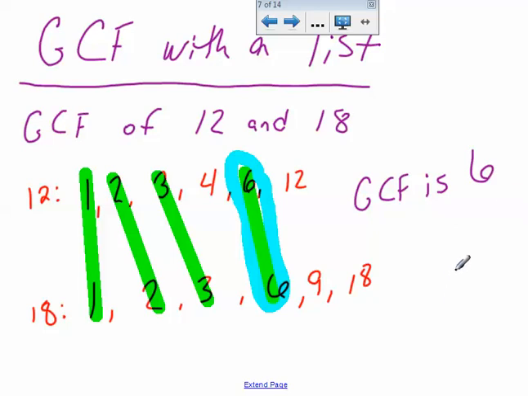And here's what this means. 6 is the largest number that will divide 12 and 18 evenly with no remainders.